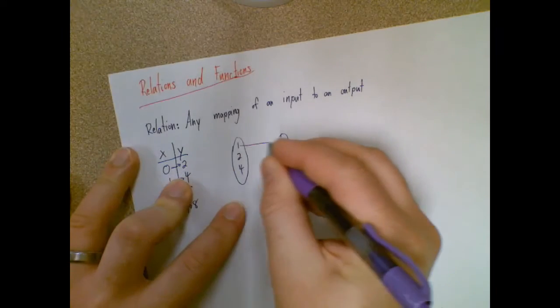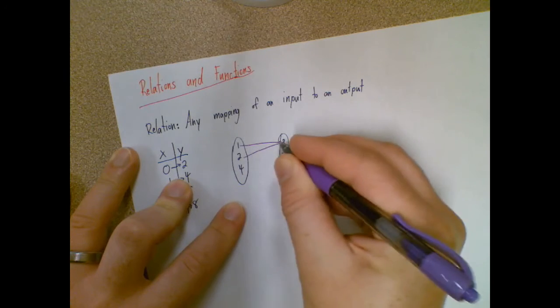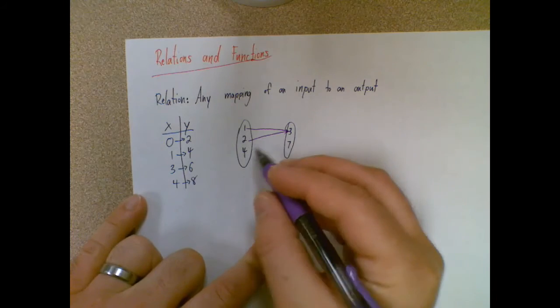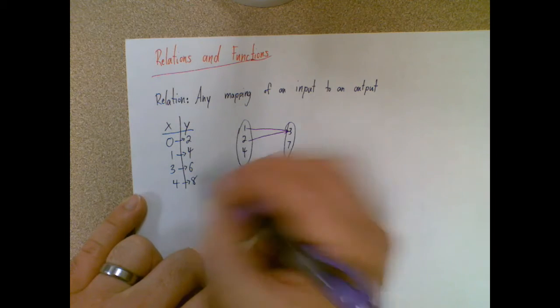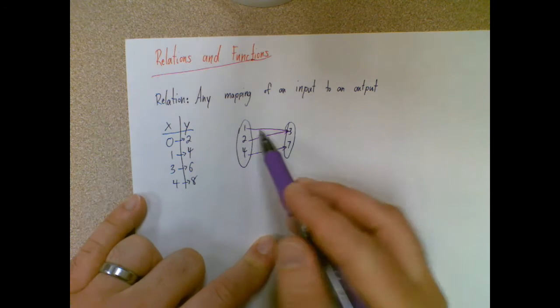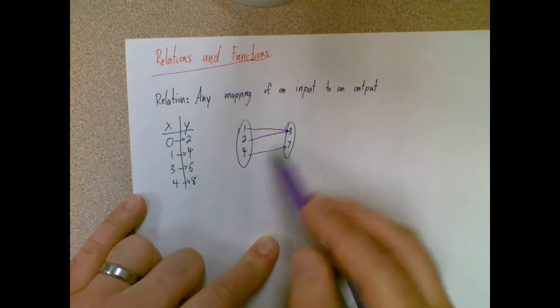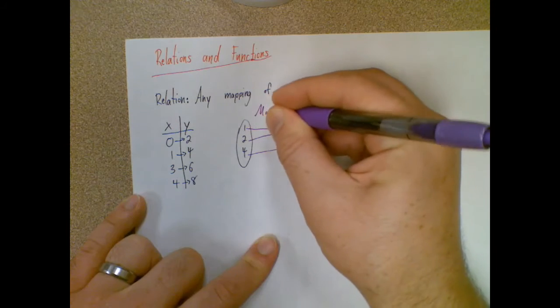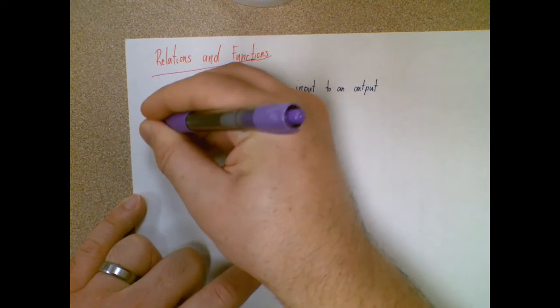So if I have 1 going to 3 and 2 going to 3, I'm not going to write 3 twice. I'm just going to draw 2 arrows to tie them together here. And you don't actually draw the arrows on the table, by the way, but you will draw arrows here to tie those. So this is saying 1's going to 3, 2's going to 3, and 4 is going to 7. Okay, so this is a map. This one is a table.